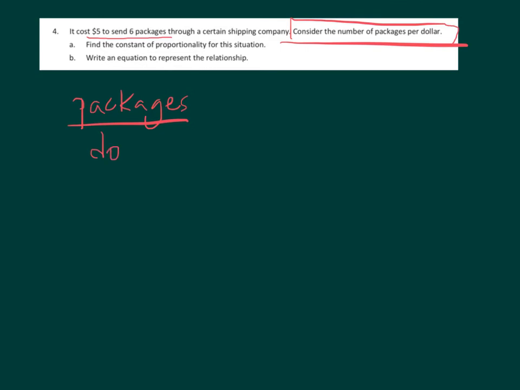So it's $5 for 6 packages, and the question already hinted that you should consider the number of packages per dollar. So that means when you find a unit rate, it should look like this: packages divided by money, dollars. So in this case, it costs $5 to send 6 packages, so it is 6 packages over $5.